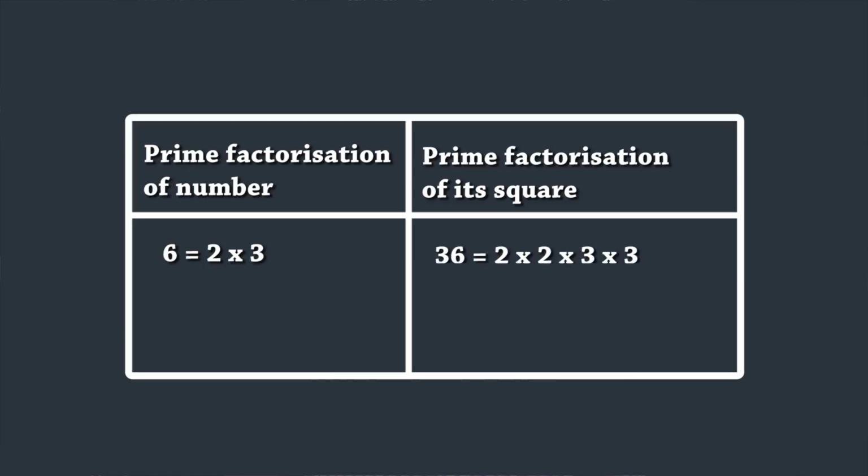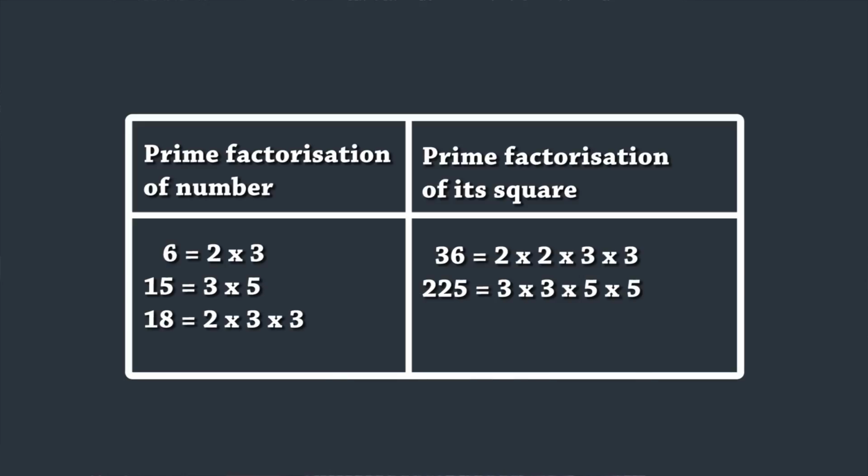In the second column, its square 36, which is equal to 2 into 2 into 3 into 3. Next number is 15, that is equal to 3 into 5. Then in the second column, its square 225, that is equal to 3 into 3 into 5 into 5.